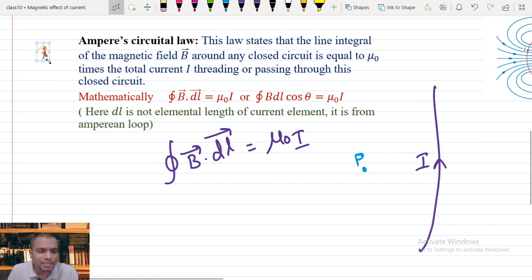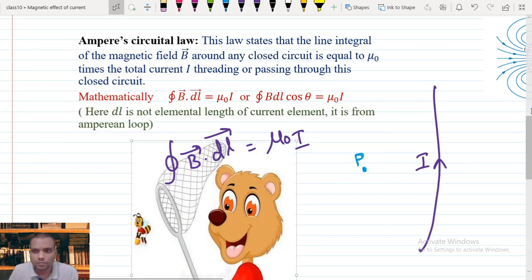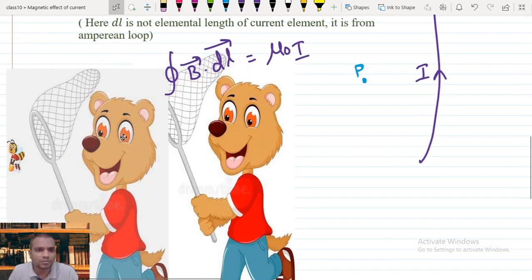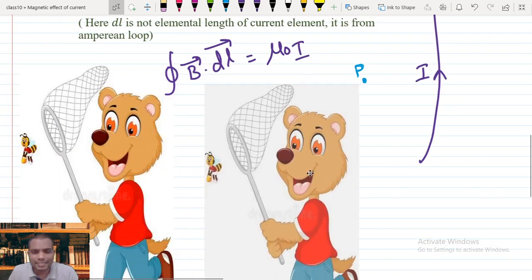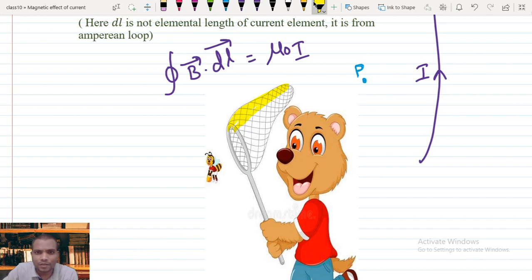Ampere says you bring something like this loop. It's just like a honeybee catching net or a fishing net. This loop is known as an Amperian loop.